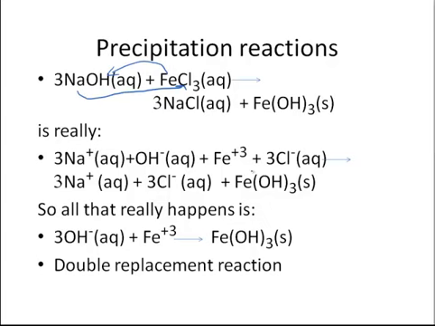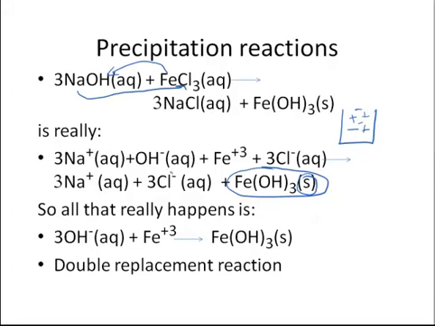Now, if you think about all the ions floating around in one beaker, all those positives and negatives floating around, they come together, and this is the only thing that really happens. You make some solid iron hydroxide, and of course that's very important to notice. Pardon me, iron 3 hydroxide.